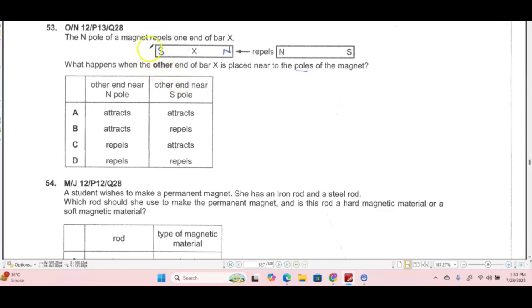So once the other end of bar X is placed near this pole, it's going to attract. The other pole near the south pole is going to repel.